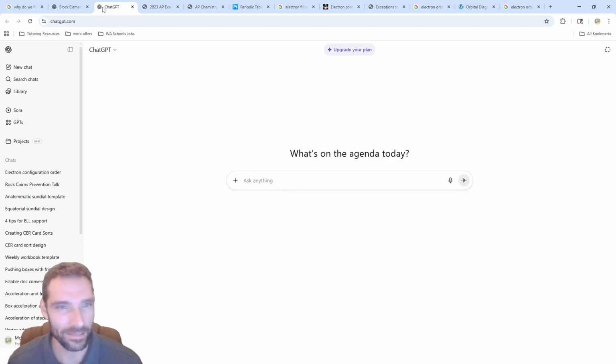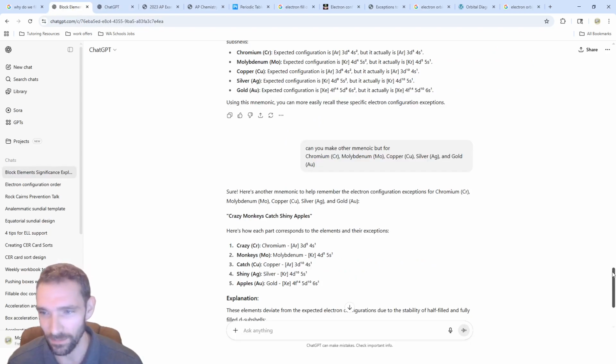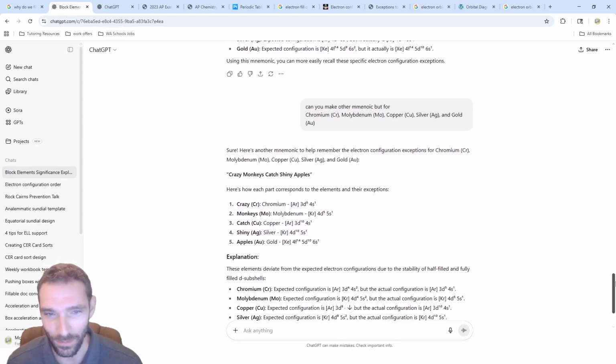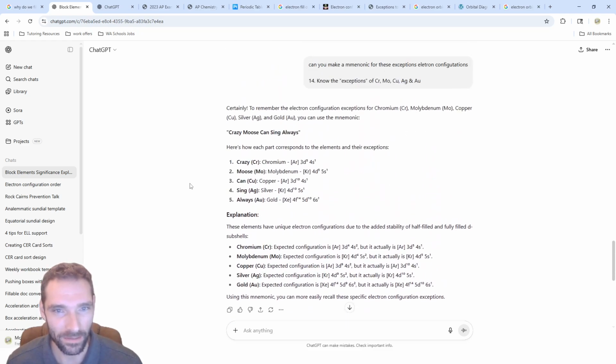I did ask ChatGPT to help me come up with a mnemonic to help people remember some of these exceptions. So we've got crazy monkey catches shiny apples, and also crazy moose can sing always. Just some little mnemonics that can help you remember what those exceptions are.